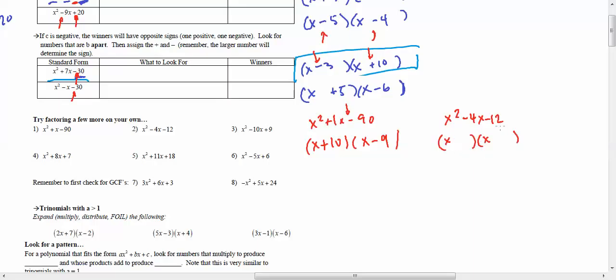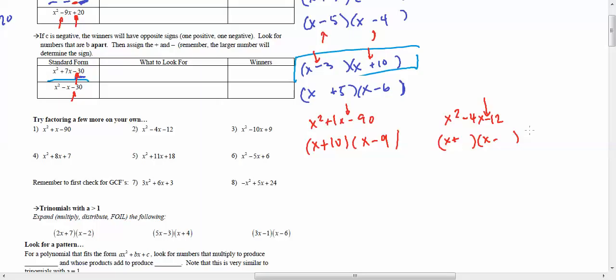So I've got an x and an x. I can tell you that it's going to be a positive and a negative number. How can I tell you that? What is it that's there that I can tell you that's going to be a positive and a negative? Nope, because of the negative 12.